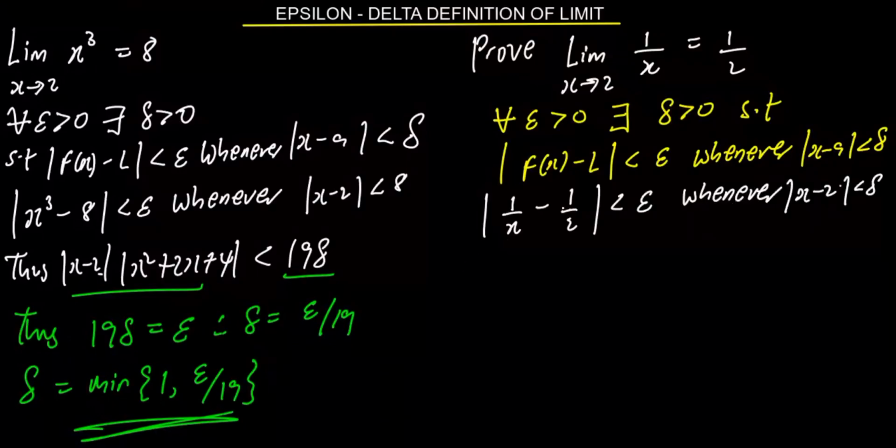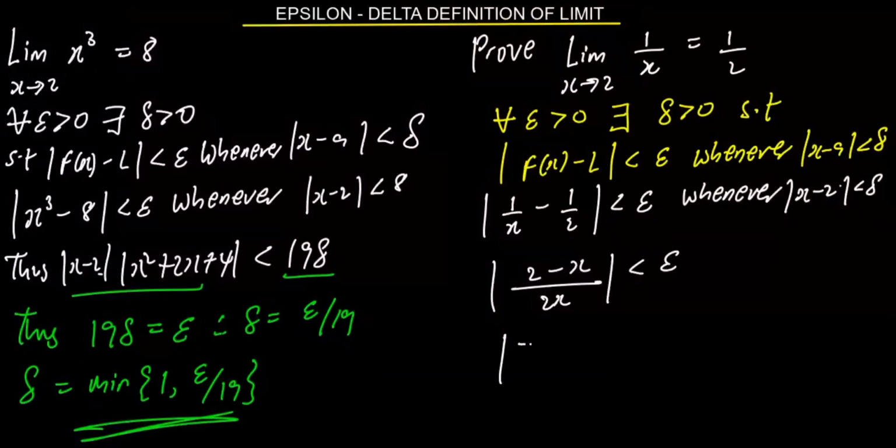Now, what do we do from here? When you are faced with something like this, don't panic. Just try to simplify. My LCM here is 2x. This will give me 2, this will give me x, then less than epsilon. So what I'm having here, actually, I can write as negative x minus 2 over 2x. But remember, why am I making it this way?